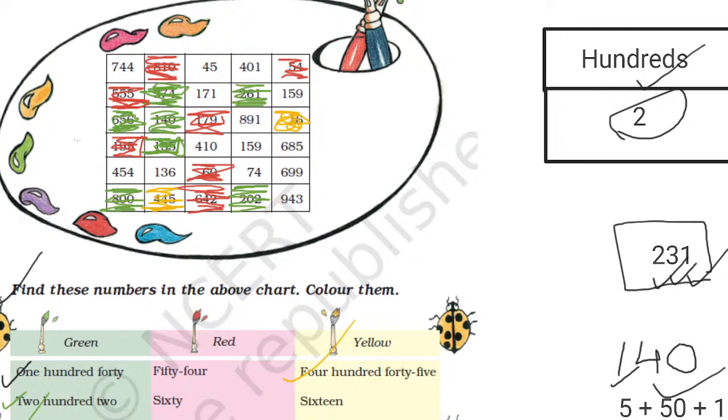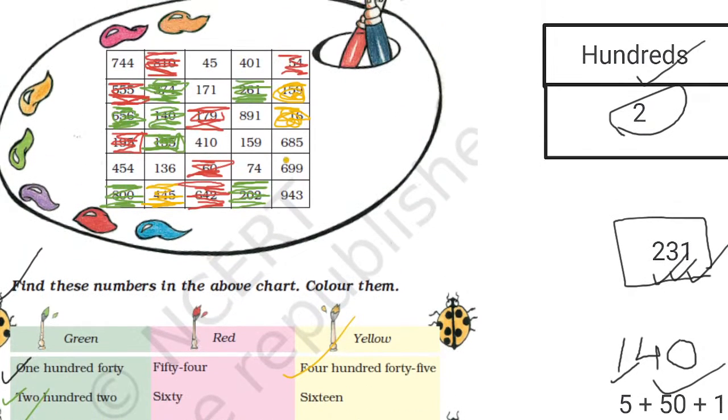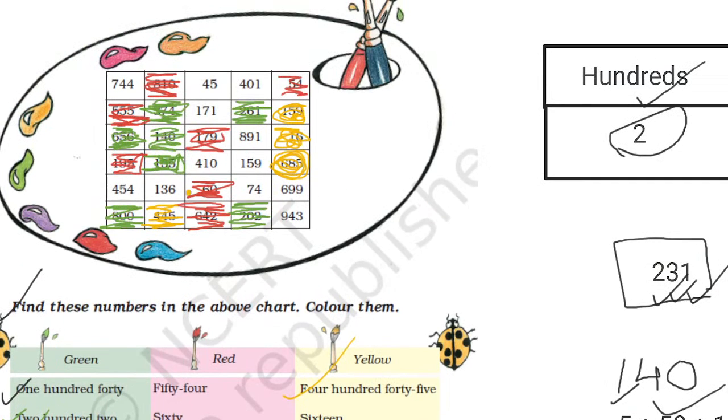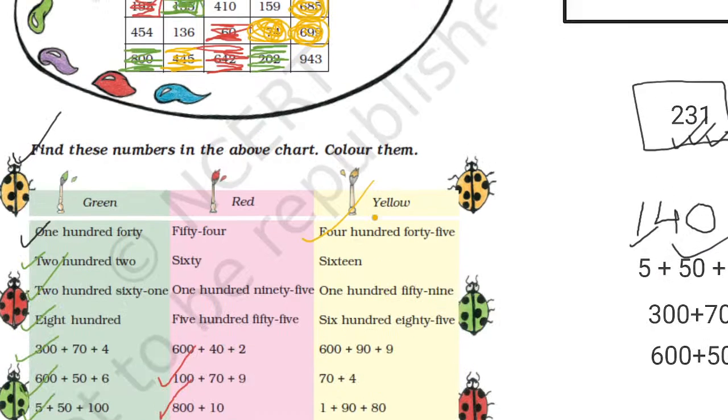So 159 we have over here. Then we have 685. So here we have 685. Now the next comes 699. So here we have 699. Now 74. So this is 74 over here. And at last we have 100.